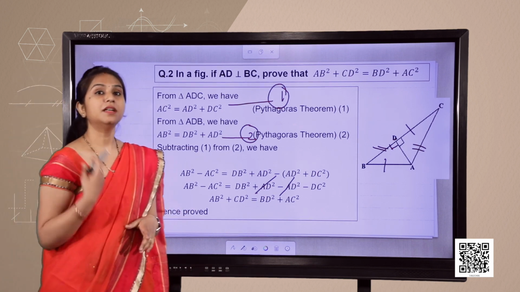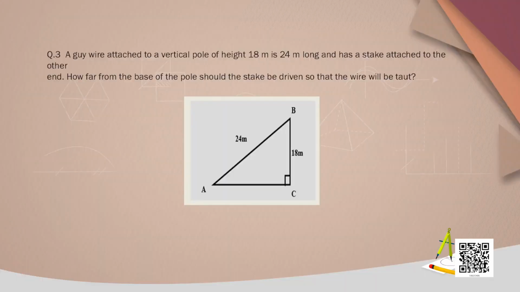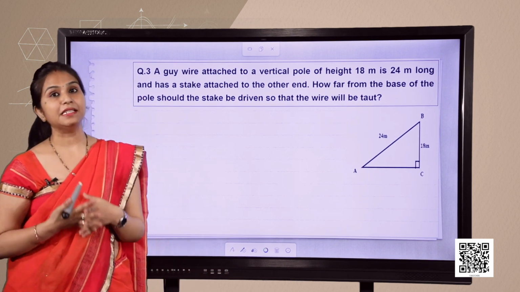Now let us see the third example. So children, the example says a guy wire is attached to a vertical pole of height 18 meter and the length of the wire is 24 meter. In this you have to calculate the distance of the foot of the wire and the foot of the pole, that is AC. Clearly you can see here at point C a 90 degree angle is formed.